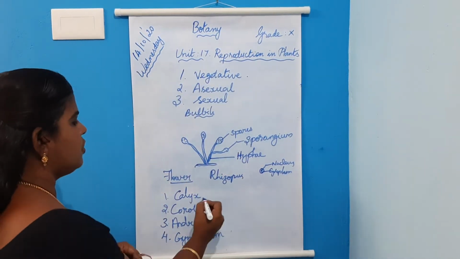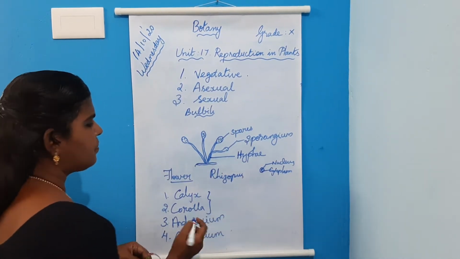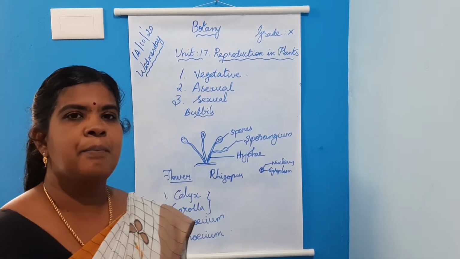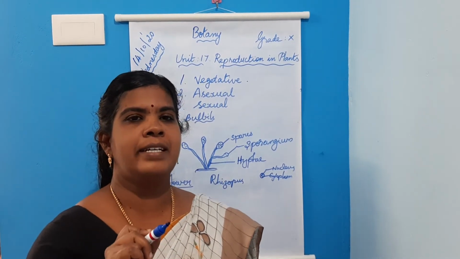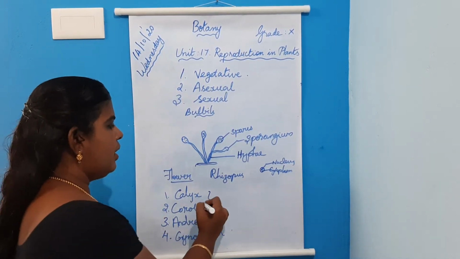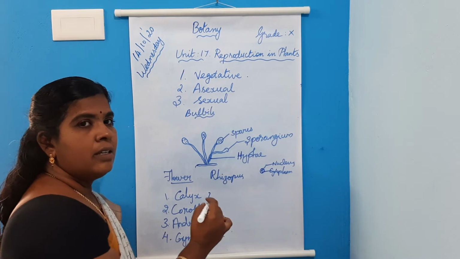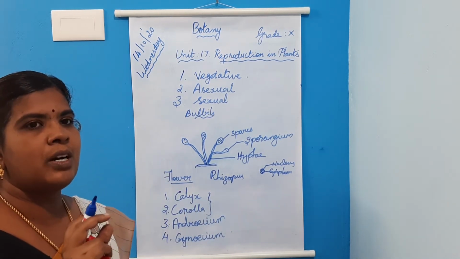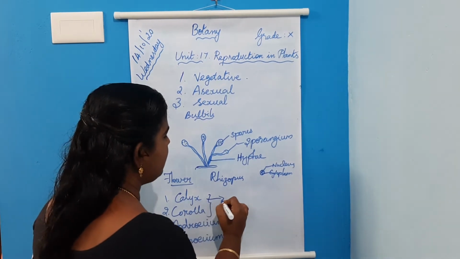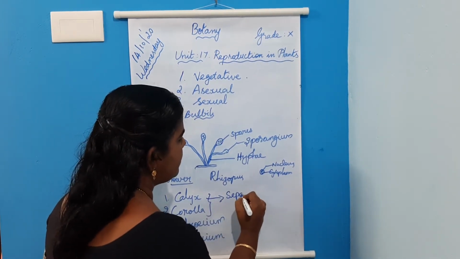The first two, calyx and corolla, are non-essential parts of a flower because they do not take part directly in reproduction. The calyx is made up of green-colored sepals.